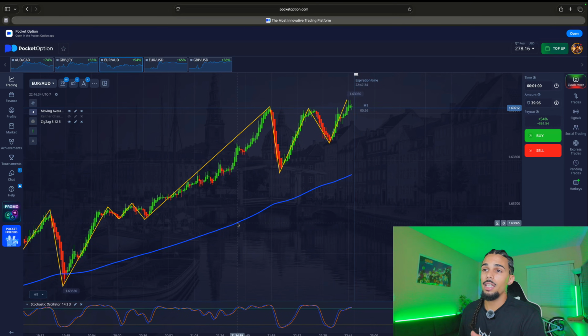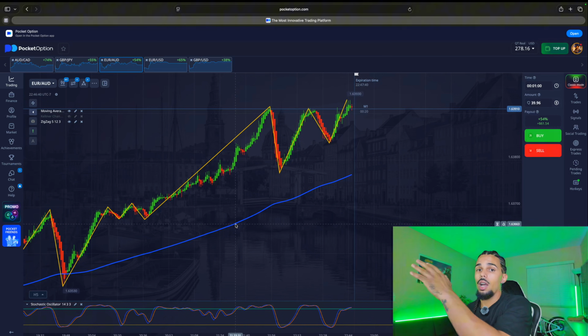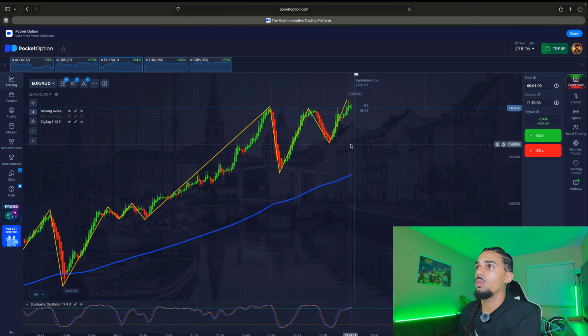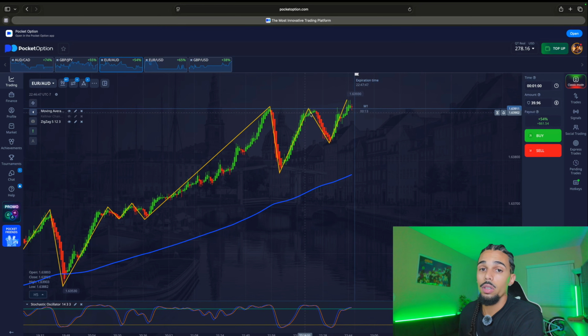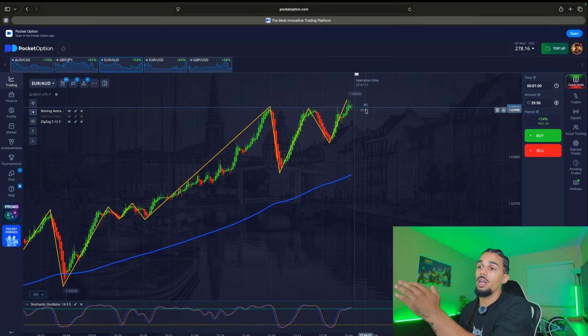And what is the EMA telling us? The 200 EMA is telling us we're in an overall bullish trend upwards. So what will we plan for now? This is going to end up being support potentially for the buyers to continue to move it upward in the overall bullish trend.